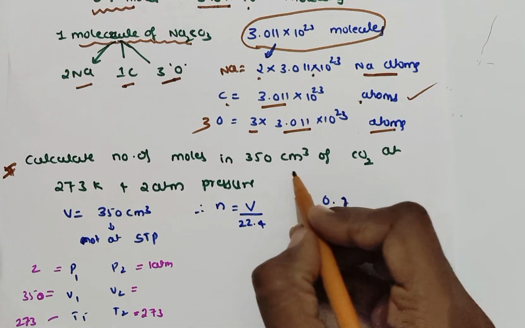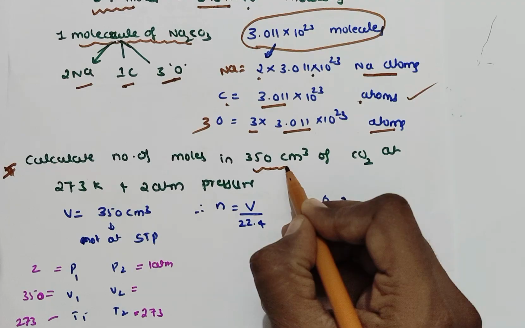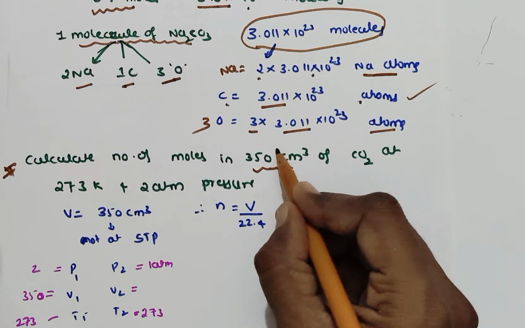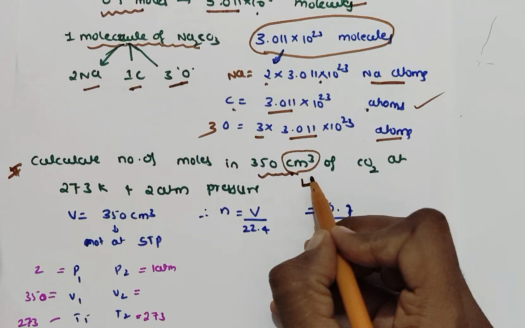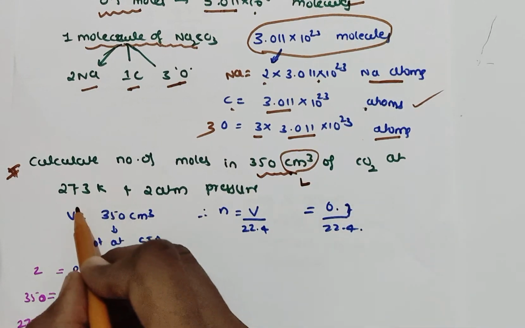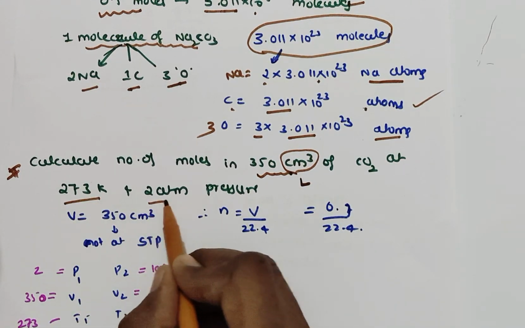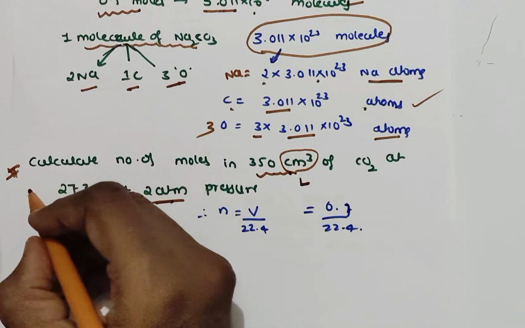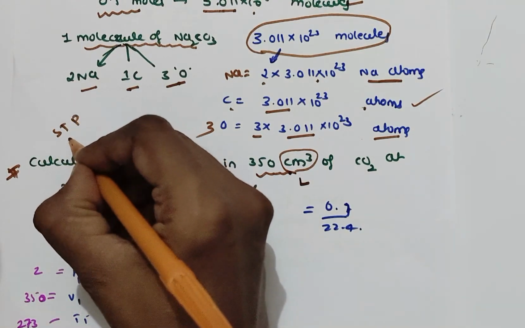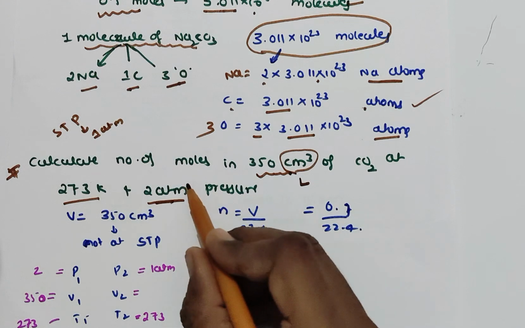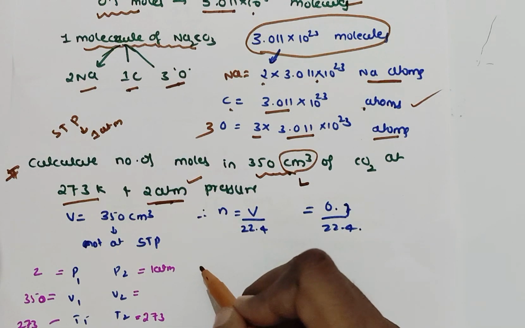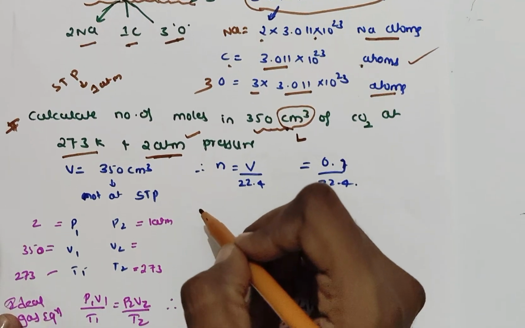Here they gave the gas, but it is not in liters. This is the first point. It is given in cm3 and at 273 Kelvin, but the pressure is 2 atm. For standard condition, the pressure is 1 atm, but here they gave 2 atm. First we convert it into standard condition.